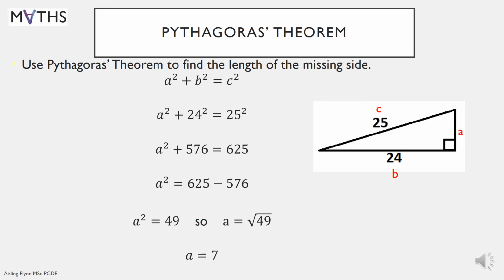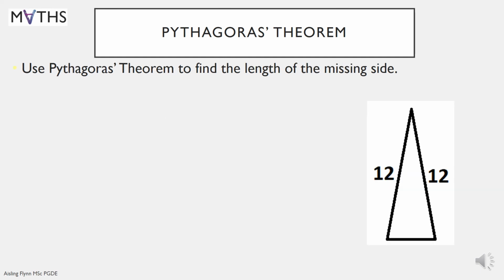So now you've had one example to find the hypotenuse, one example to find a different side that's not the hypotenuse. Let's look at one more example. Use Pythagoras' theorem to find the length of the missing side. What do you think is A, B, and C? No, you can't do it with this triangle.